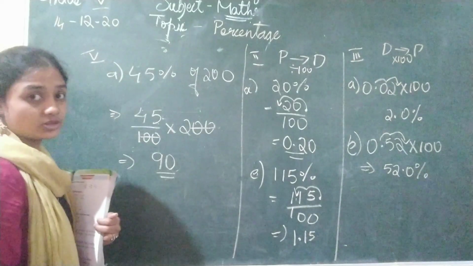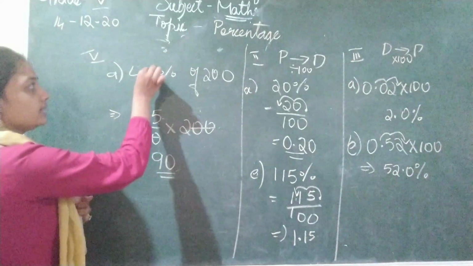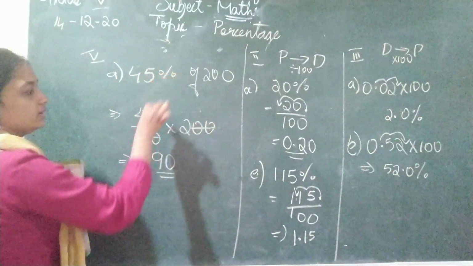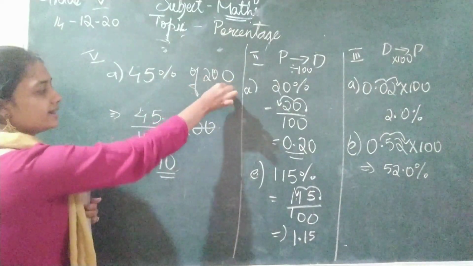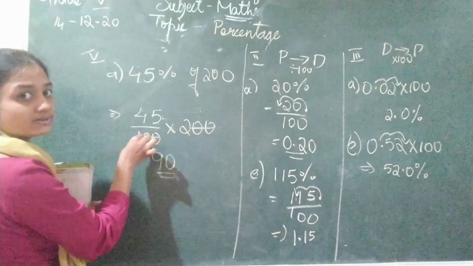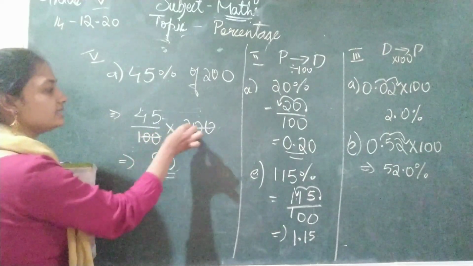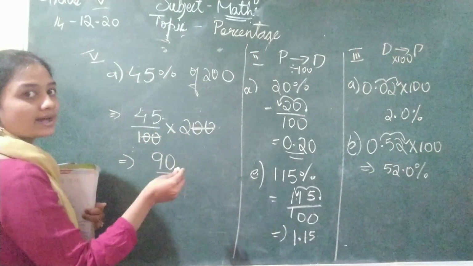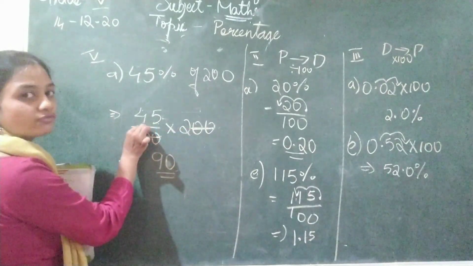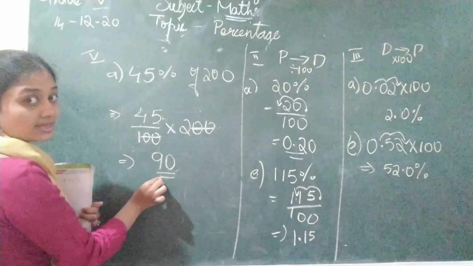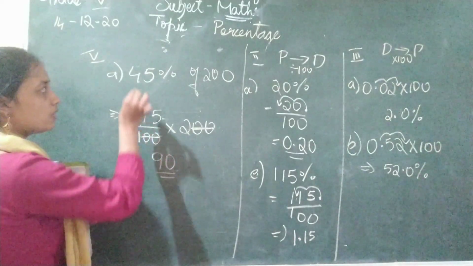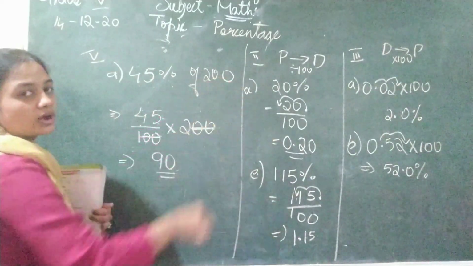What did I do? I took 45%, wrote it in fraction form, and of 200, I multiplied the 200 with this. I cancelled these 2 zeros. So I have remainder 2 here and 45 here. 45 into 2 is 90. So I found the value of 45% of 200.